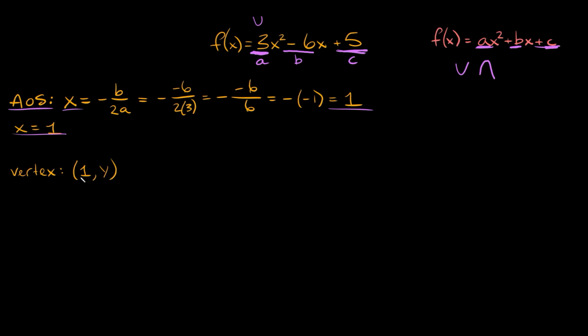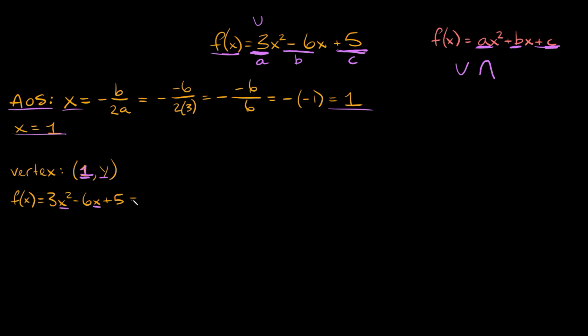Well, all you need to do is plug in your x value to find your y, right? So we just need to plug 1 into our function to figure out what y is, or f of x. So f of x is equal to 3x squared minus 6x plus 5, and we're going to plug in this 1 for the x's.